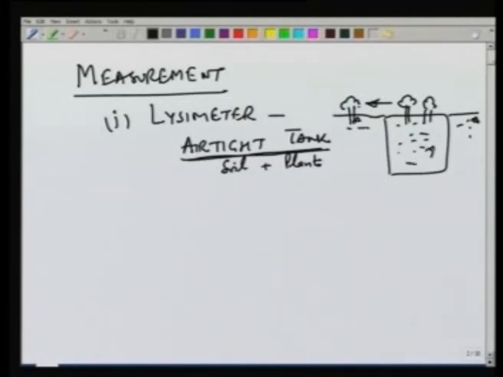Now, the amount of moisture in this lysimeter is monitored, and periodically we add water to maintain the soil at a constant moisture, and the amount of water which is added represents the evapotranspiration.